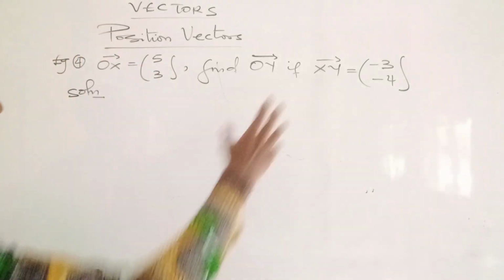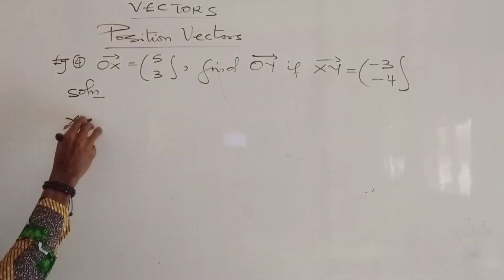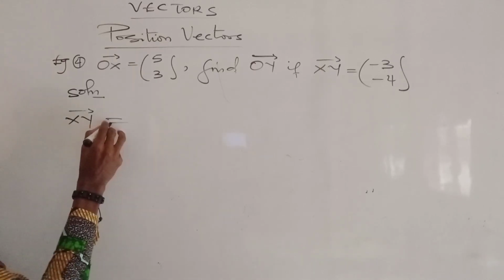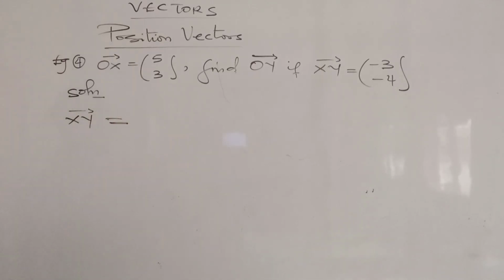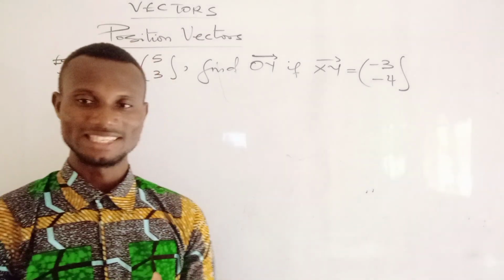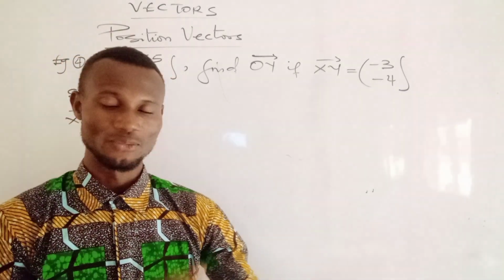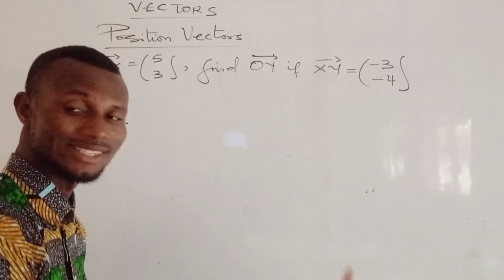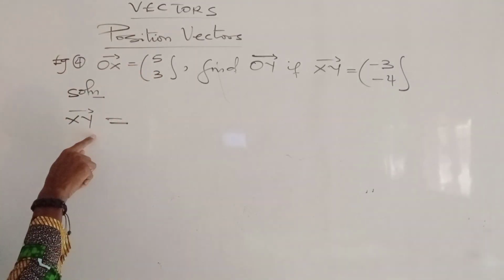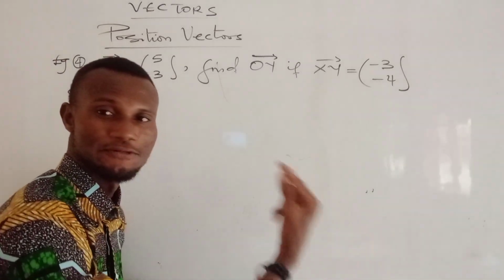So I'm going to take the vector SY, and then I will write down the expansion for getting the vector SY. How do we get the vector SY? We've done this in the previous videos. We said that it's always the position vector of the last letter minus the position vector of the first letter.